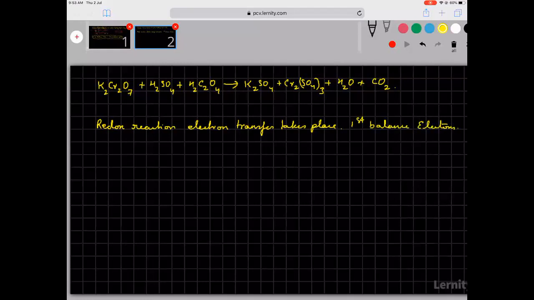What do you mean by balance electrons? Now charge cannot be created nor destroyed.